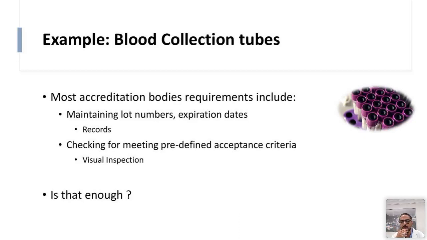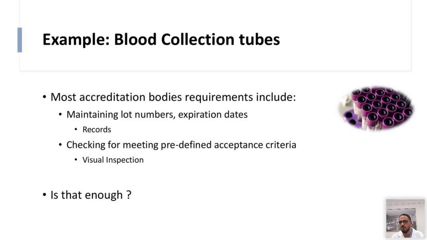However, considering the pre-analytical concepts, most accreditation bodies, when they look at critical supplies, expect that upon receiving the blood collection sets you maintain their lot numbers and expiration dates in a record, and then check for predefined acceptance criteria, which means a visual inspection.